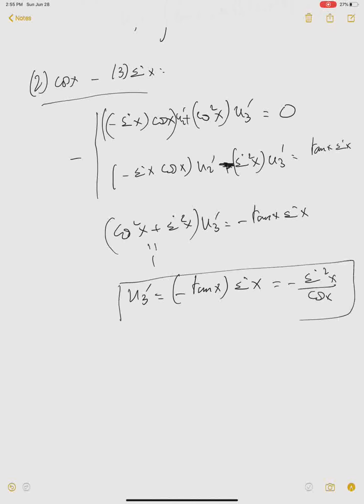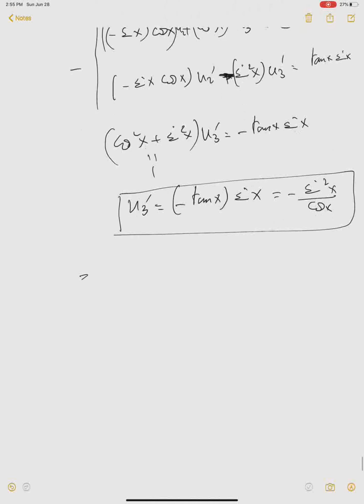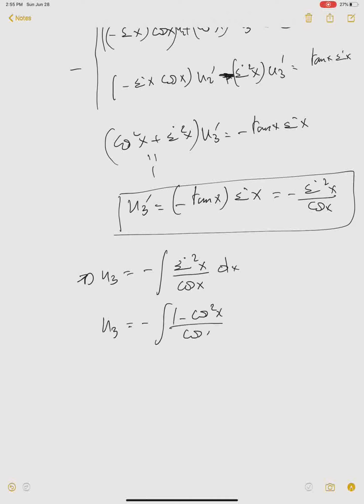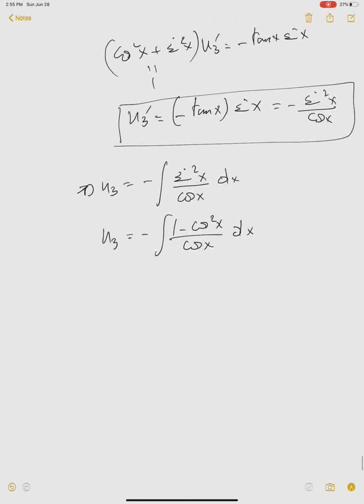And this is u3 prime. So what is u3? It's implied that u3 is equal minus the integral of sine square x over cosine x dx. So u3 equal minus the integral of 1 minus cosine square of x over cosine x dx, and u3 is minus 1 over cosine x minus cosine x dx.